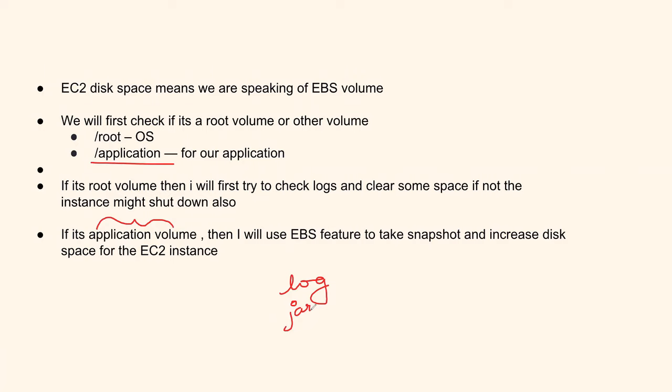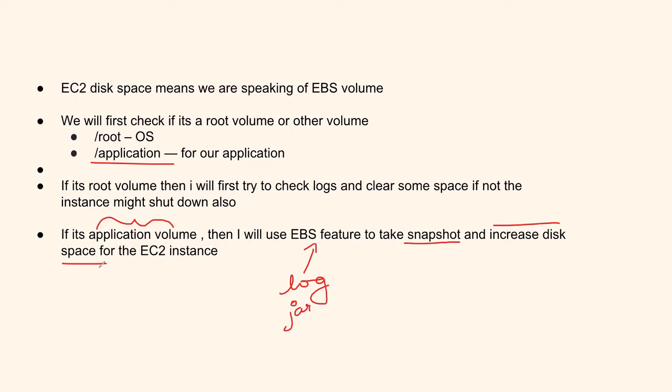And because it is an application volume, we can play around a bit with it using some EBS features. So the first and foremost step is to take a snapshot. After that, we increase the space of the EBS volume associated with the application volume.